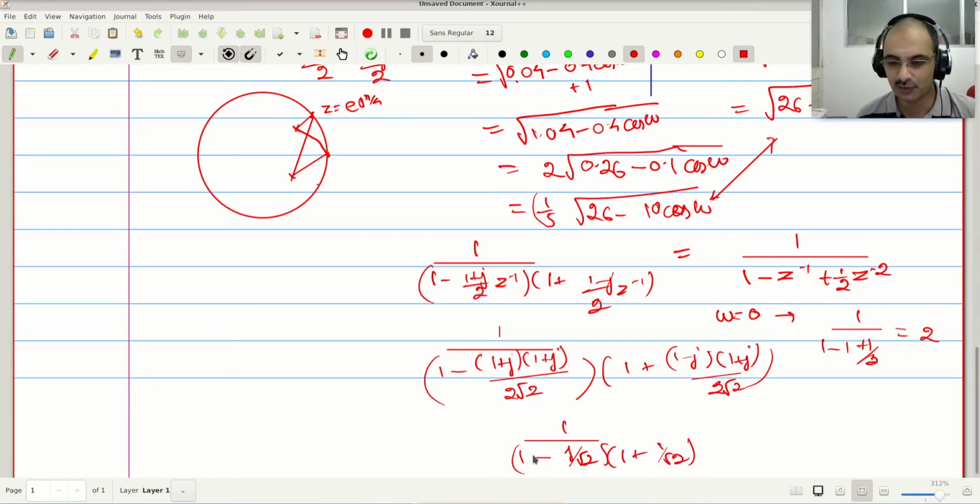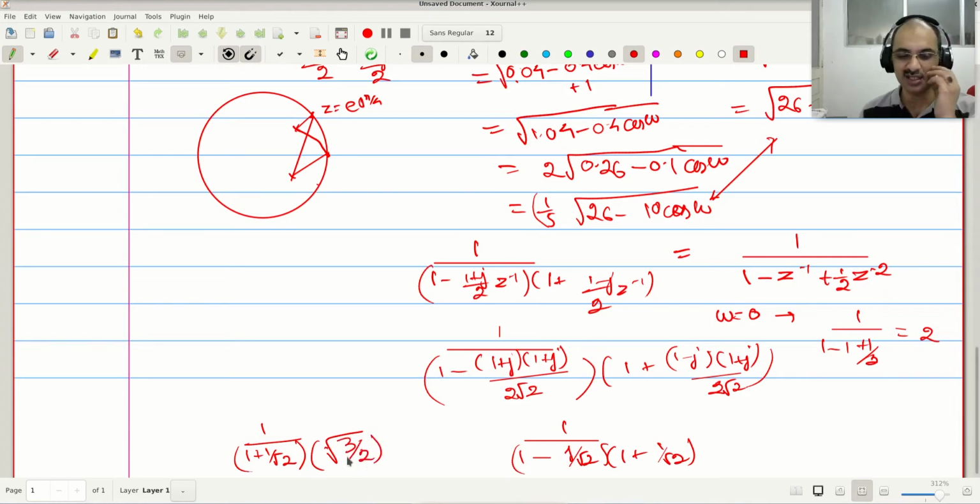So if you take the magnitude, this particular quantity is 1 plus 1 by root 2, so the magnitude is going to be 1 plus 1 upon root 2 multiplied by root of 1 plus half, root 3 upon 2.